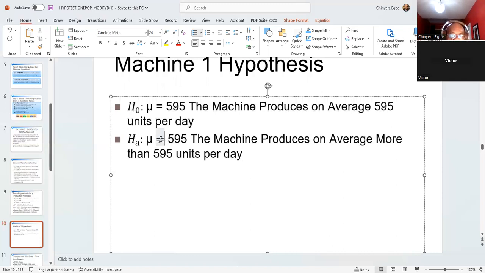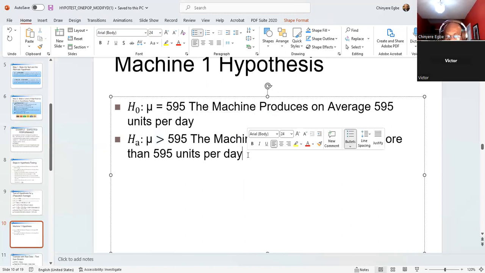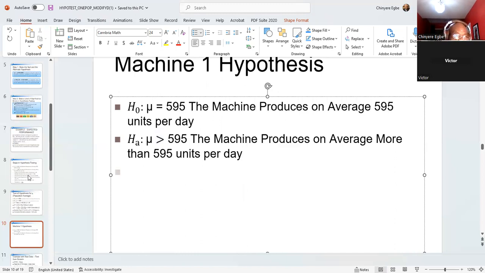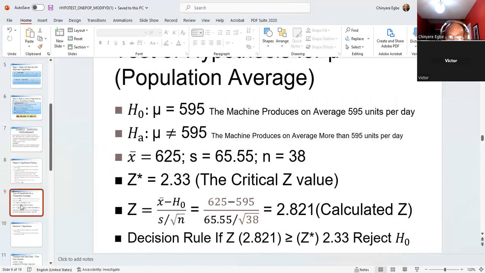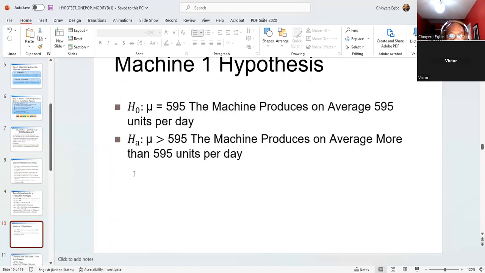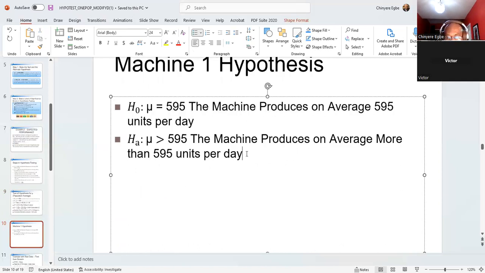And so the alternate hypothesis will be that mu is greater than 595. And what were we supposed to test at? We were supposed to test at 0.01. Professor, that's specifically for machine type 1.